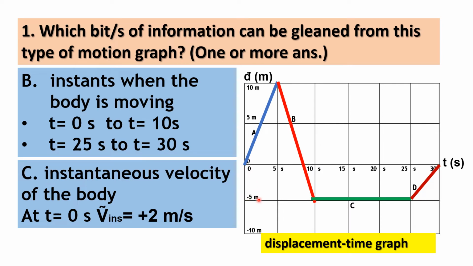The answer is positive 5 meters. And if you divide it by the corresponding time interval, which is 5 seconds, we get 5 meters divided by 5 seconds. And therefore, the velocity is positive 1 meter per second.